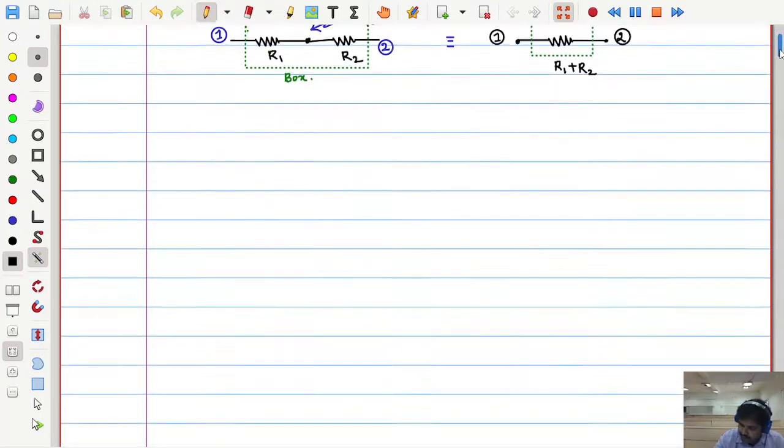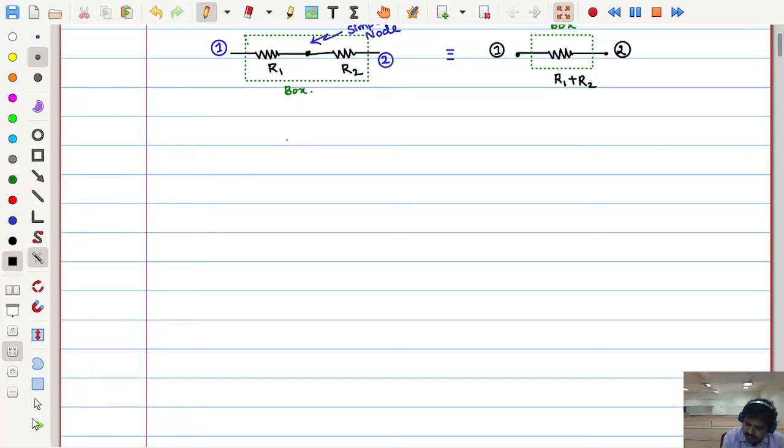So next, when the elements are connected in series like this, let me take a little bit of extension. In the last session I took only two elements, but you can take more than two elements also, no issue.